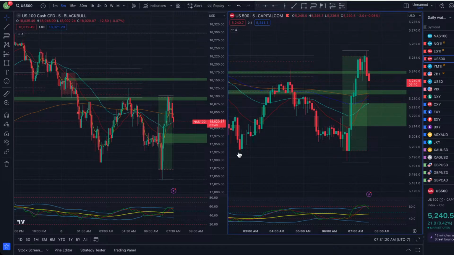Right now we are just floating. Wait for confirmation. We have a bit of a mixed bias today. On a higher time frame, we're actually aiming for some liquidity on the downside.